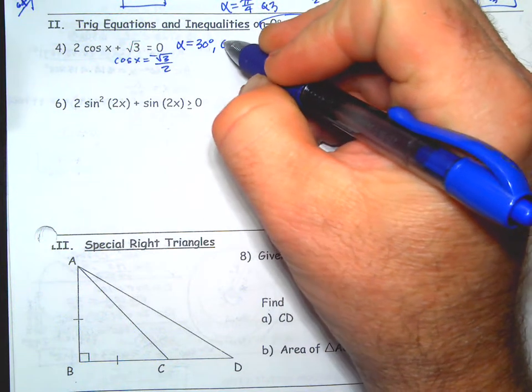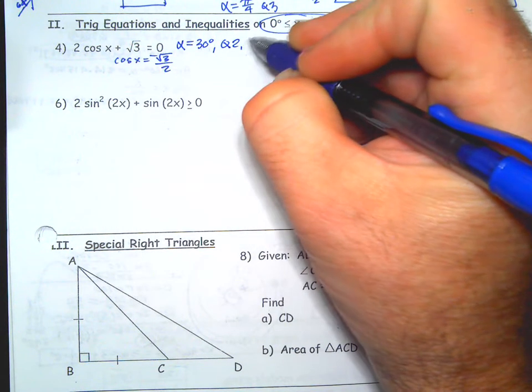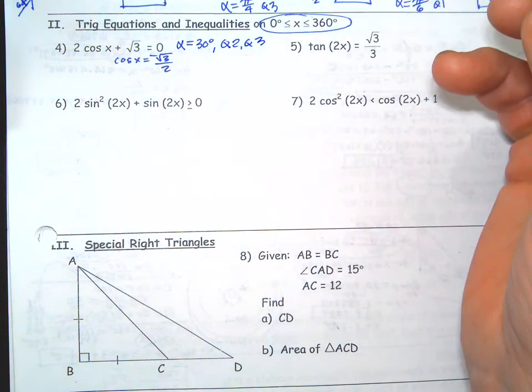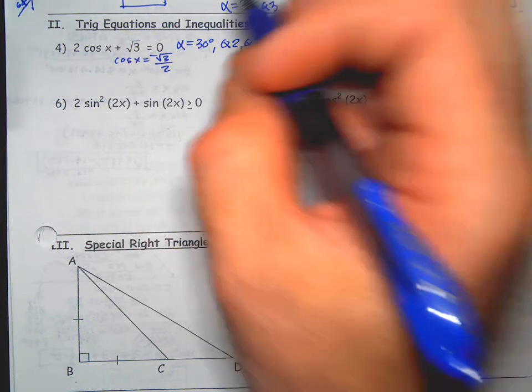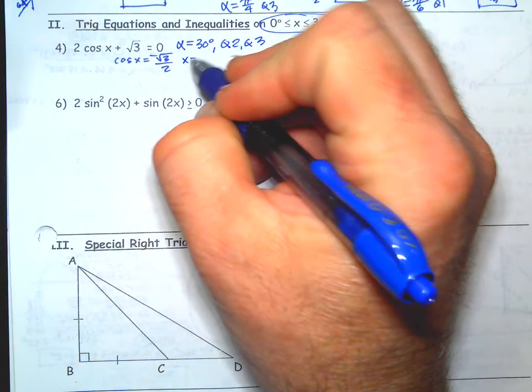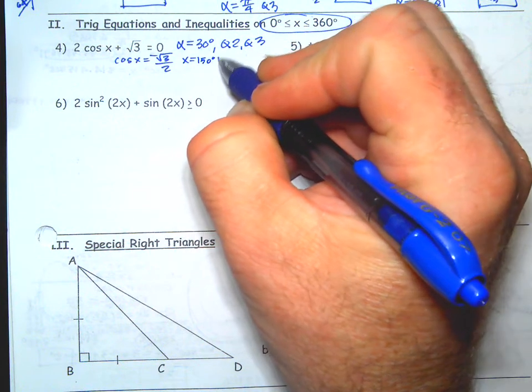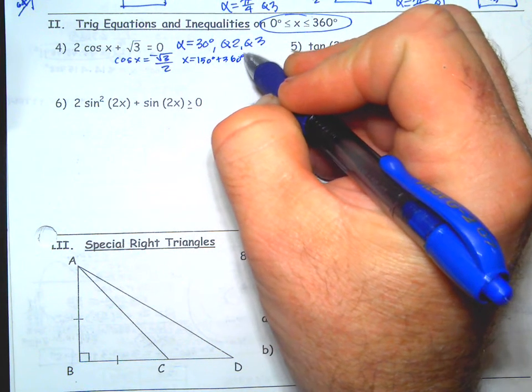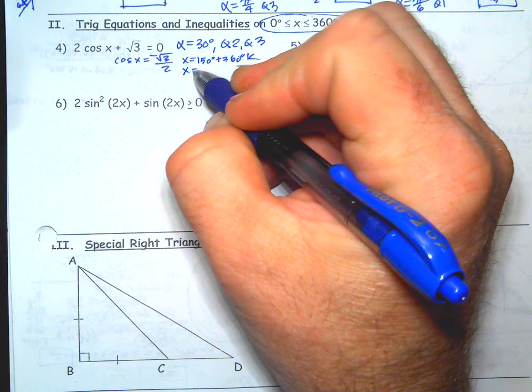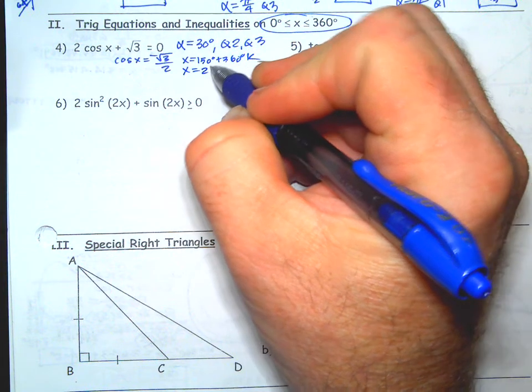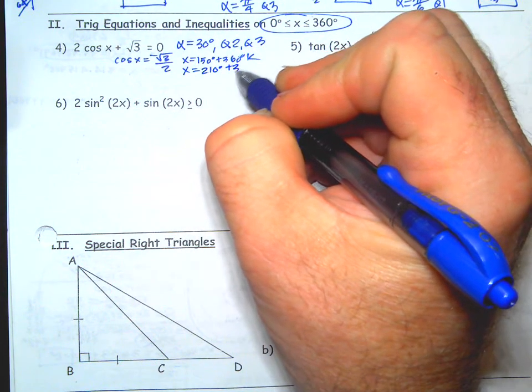What quadrants is cosine negative? 2 and 3. So usually multiple places we get answers. So x equals, quadrant 2 would be 180 minus 30 would be 150 plus 360k. Quadrant 3 would be 180 plus alpha, 210 plus 360k.